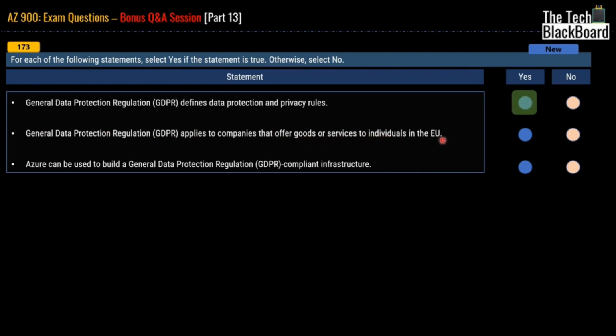The correct answer for this statement is again a yes. So GDPR applies whenever you're dealing with any individual or company with EU-specific data. So keep that point in mind. Then we have the third statement, which says that Azure can be used to build a GDPR-compliant infrastructure. And the answer is of course a yes.